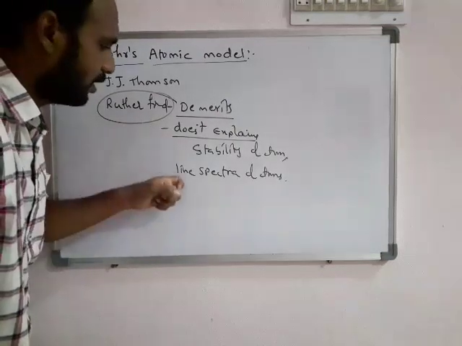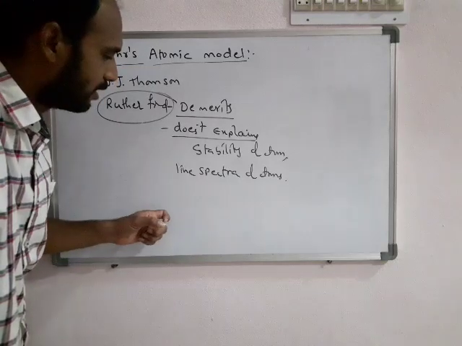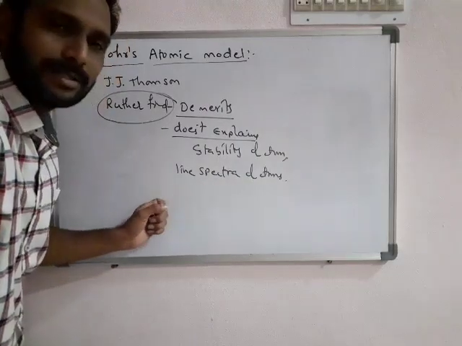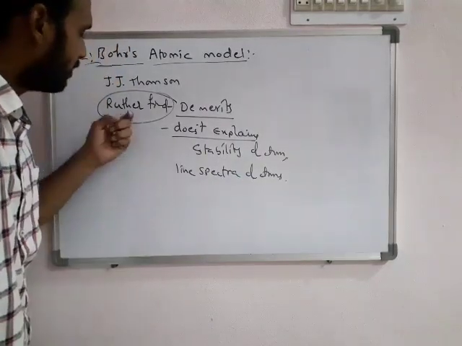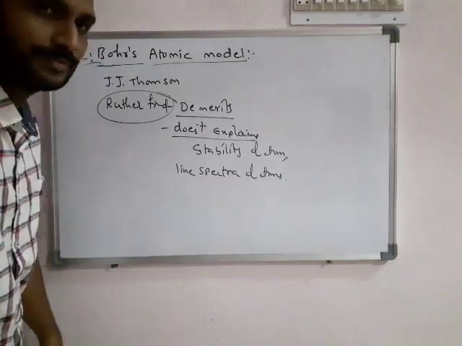According to Rutherford, atomic spectra is a continuous spectra, but experimentally we see that, for example, hydrogen spectra, all atomic spectra are line spectra. So it failed to explain many properties of atoms.